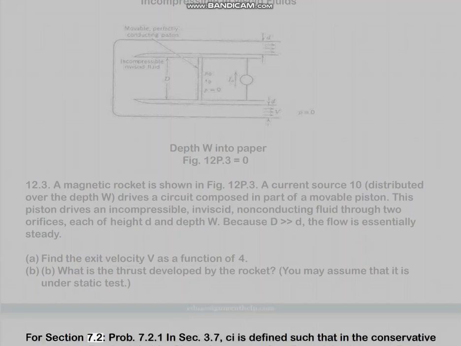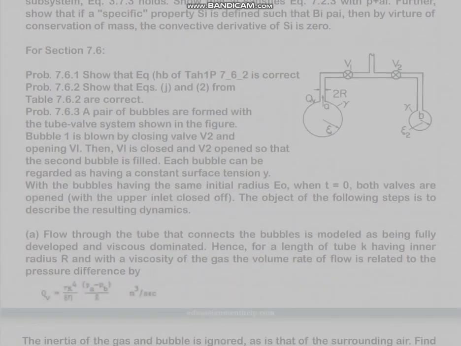For Section 7.2, Prob. 7.2.1: In Section 3.7, C is defined such that in the conservative subsystem, Eq. 3.7.3 holds. Show that it satisfies Eq. 7.2.3. Further, show that if a specific property C is defined such that, then by virtue of conservation of mass, the convective derivative of C is 0.